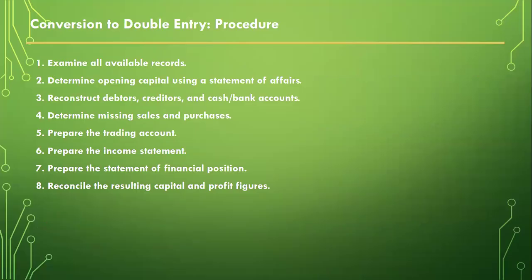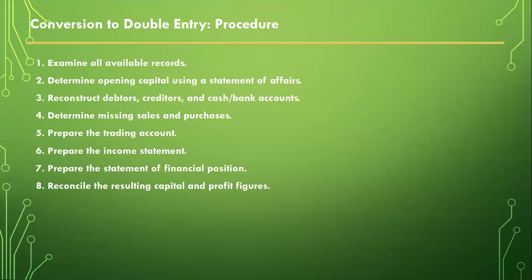With our familiarization with the double entry, it is expected of us that all records are going to be examined and checked. And determining opening capital using a statement of affairs, even though you don't have it, it is expected of you to use the formula that I gave you to find your opening capital.